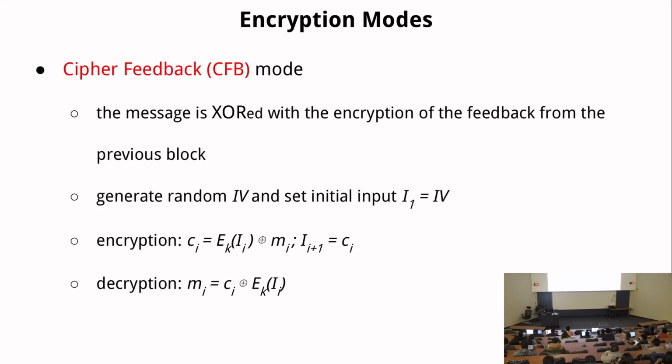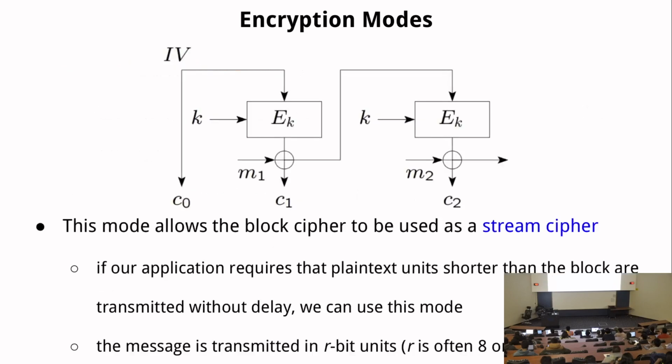The other two modes are similar. One is called the cipher feedback mode. In this mode, we still have an IV. We use the same key to encrypt the IV. The output of the encrypted IV, we do an exclusive OR with the message. Then we get C1, and the output goes to the second block.